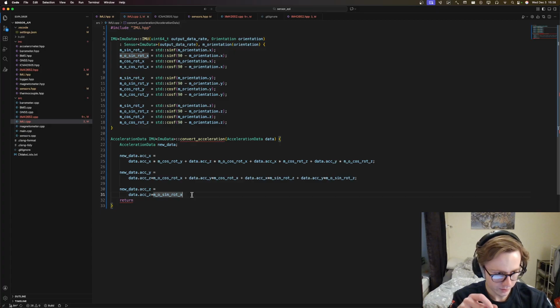Data acceleration z times sine rot opposite.